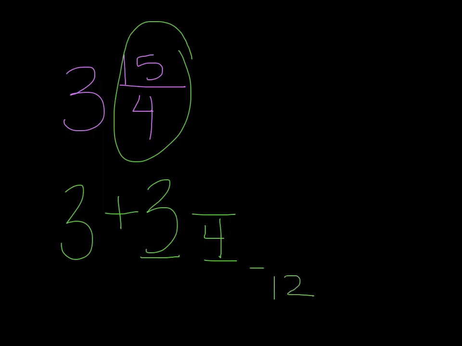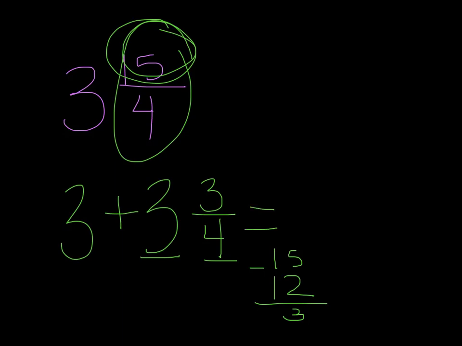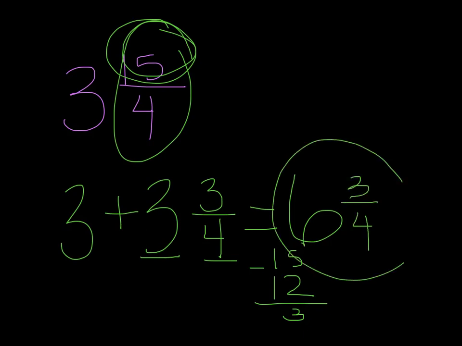That last step is to subtract it by our top number up here. So 15 minus 12 is 3. And that's the number we're going to put up here. So now we need 3 plus 3 is 6. And we only have one fraction, 3/4. So our whole answer is 6 3/4.